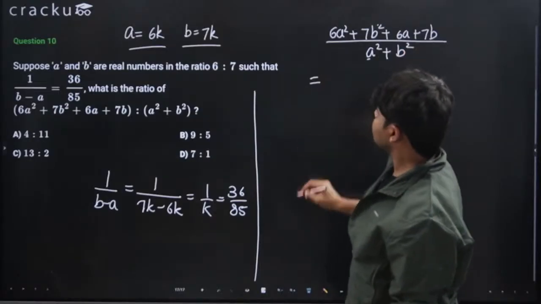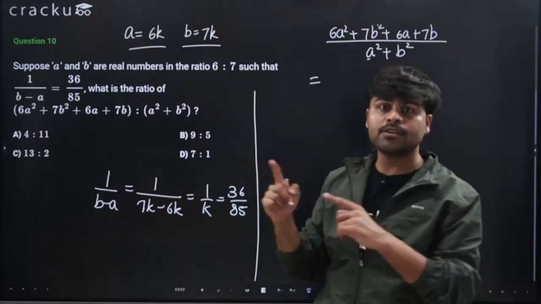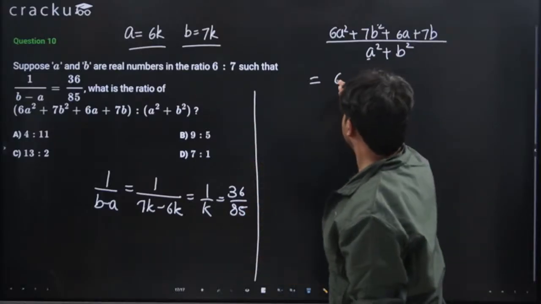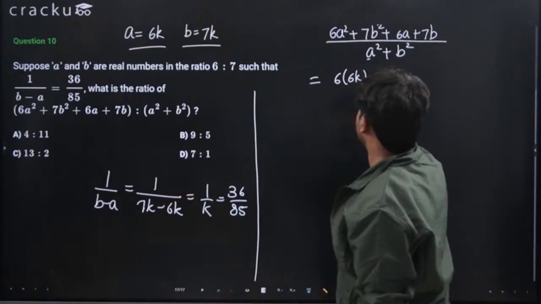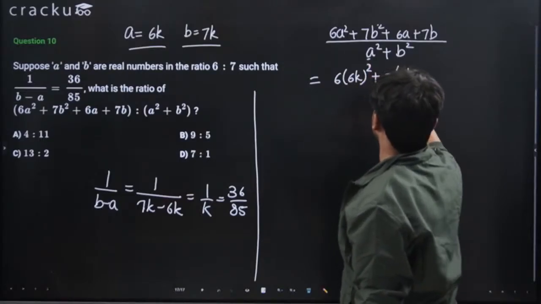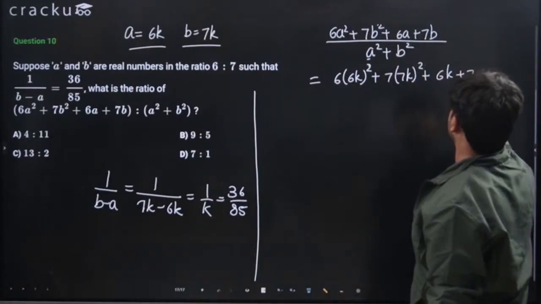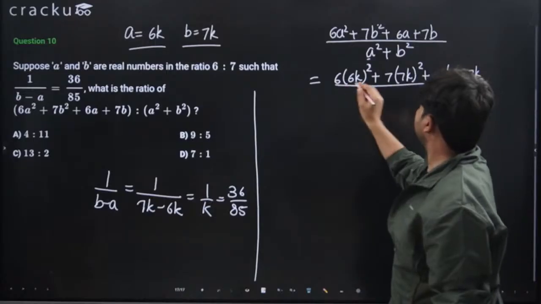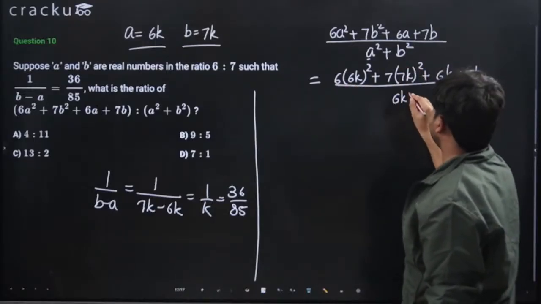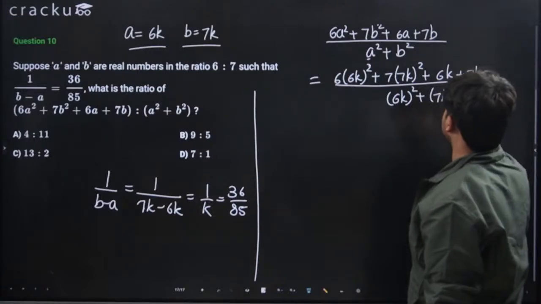So what is 6a squared? 6a squared is nothing but 6 times 6k squared, because the value of a is equal to 6k. So 6 times 6k squared plus 7 times 7k squared plus 6k plus 7k, divided by a squared, which is 6k squared, plus b squared, which is 7k squared.